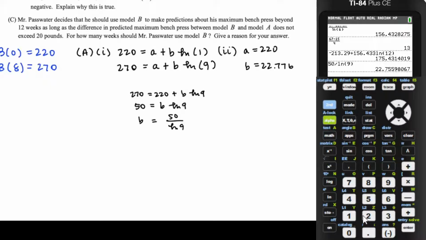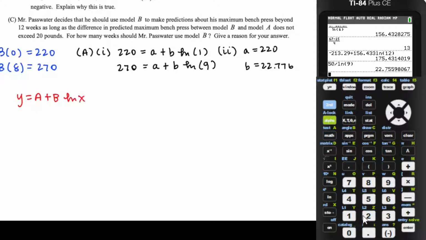Now, if you wanted to do it the other way, with a regression, you would not need any of this business. We would say we're going for y equals a plus b natural log x, where x equals t plus 1, because that's the type of model we can get from the calculator.